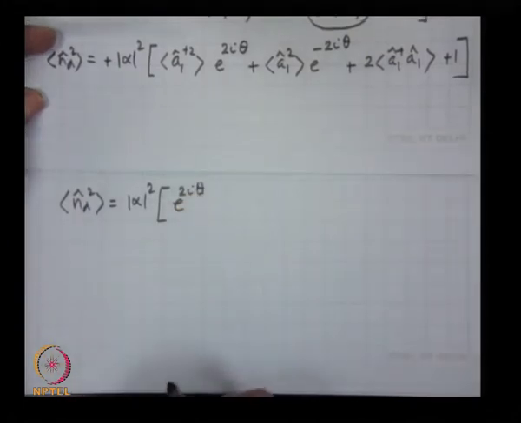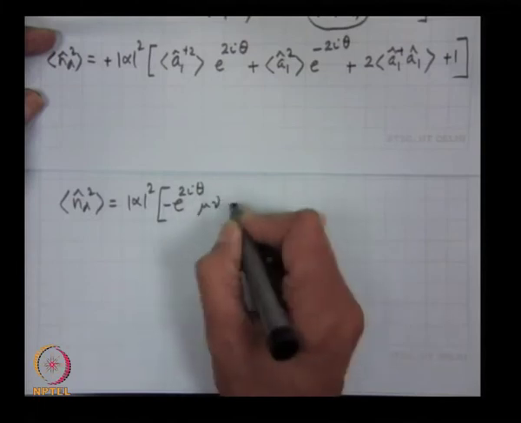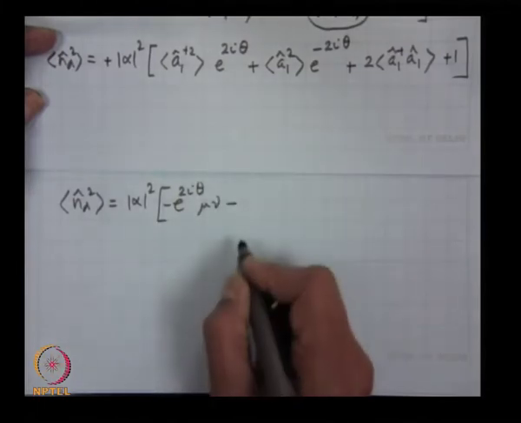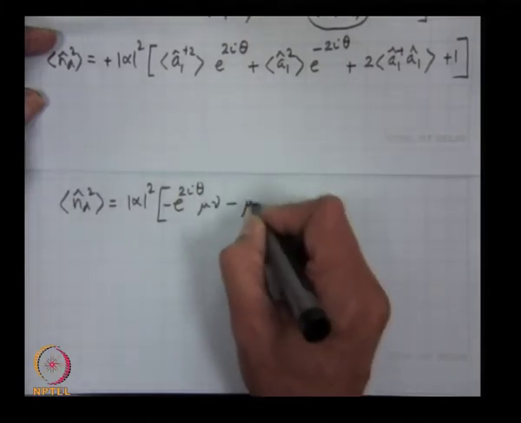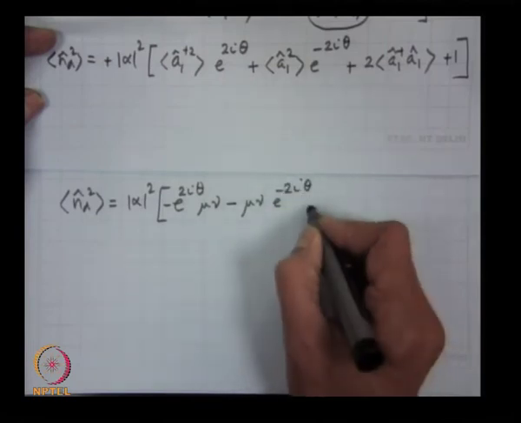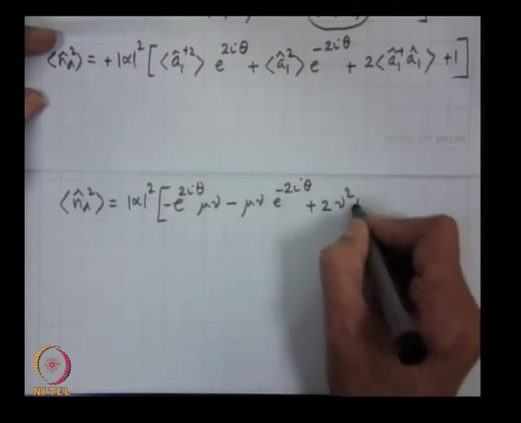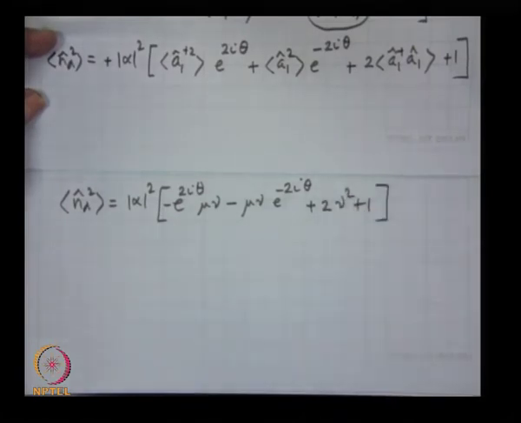The expectation value of a1 dagger square is minus mu nu, we have just now calculated. The a1 square expectation value is also minus mu nu, plus 2 nu square plus 1. The a1 dagger a1 expectation value is nu square, the a1 square expectation value is minus mu nu, the a1 dagger square expectation value is minus mu nu. And this is the equation.